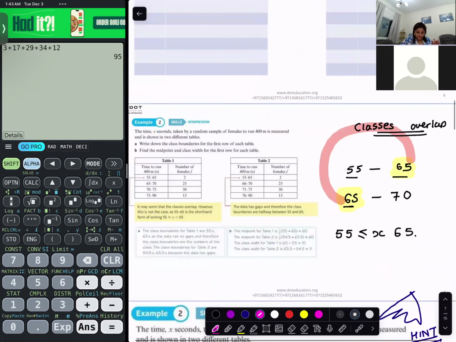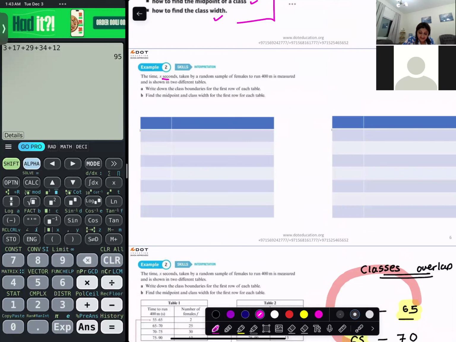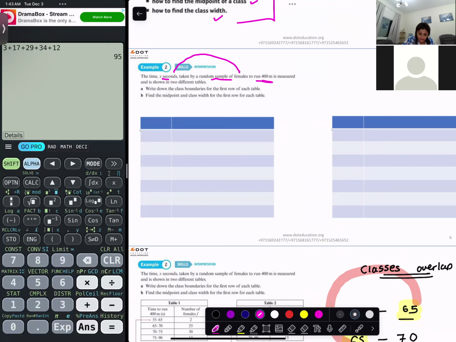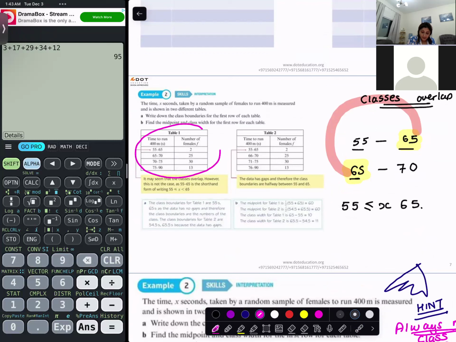Now, if you look over here, the time is X seconds taken by a random sample of females, to run a 400-meter race, or whatever it is measured in. Here I have two different tables, where X is the time taken by the females and N is the number of females.